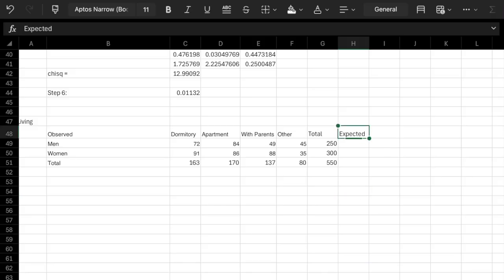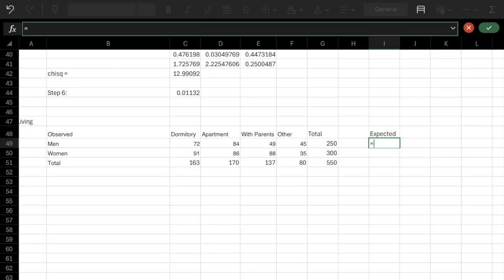550. Okay, and now it's time for the expected. And so this is going to equal column total times row total divided by grand total.